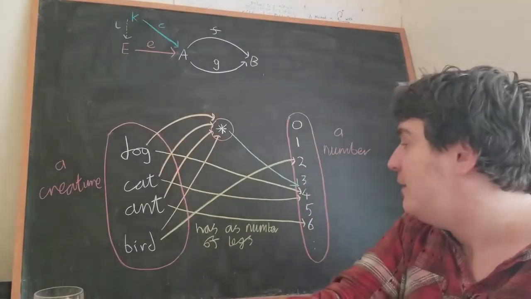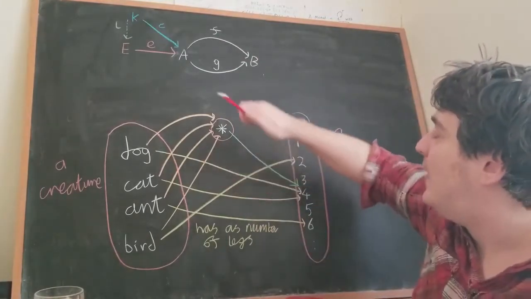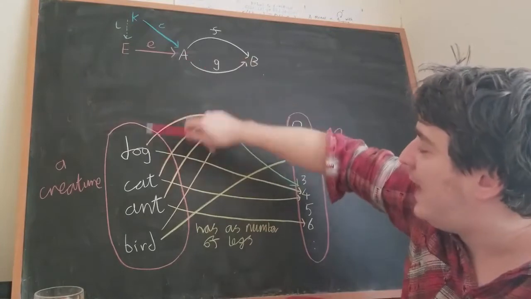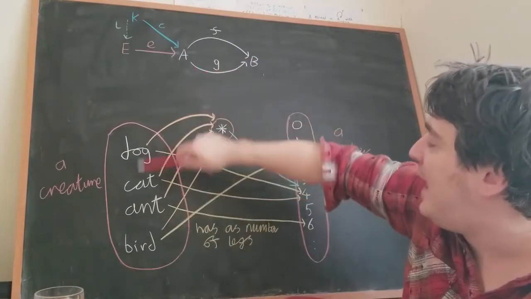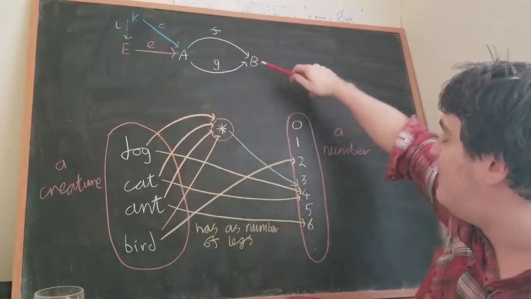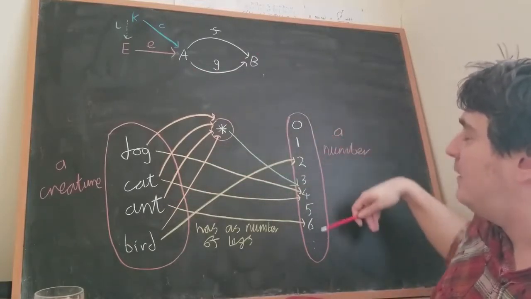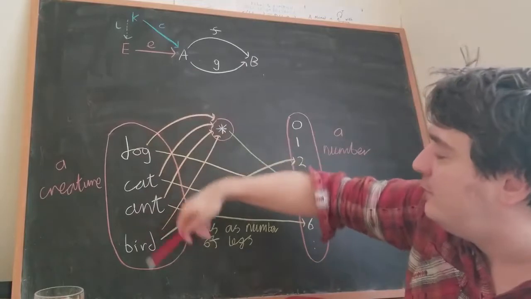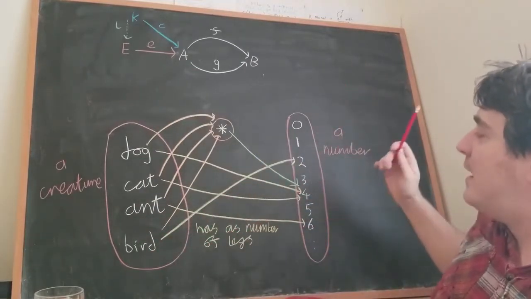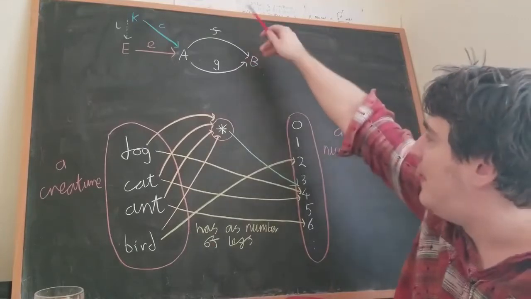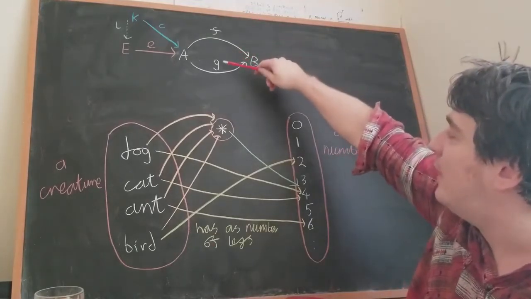So the basic idea is that we have some set like this one. This would be set A, and then we have another set B like this one here. In my example, I've got this set of creatures and this set of numbers, and then we have two functions.